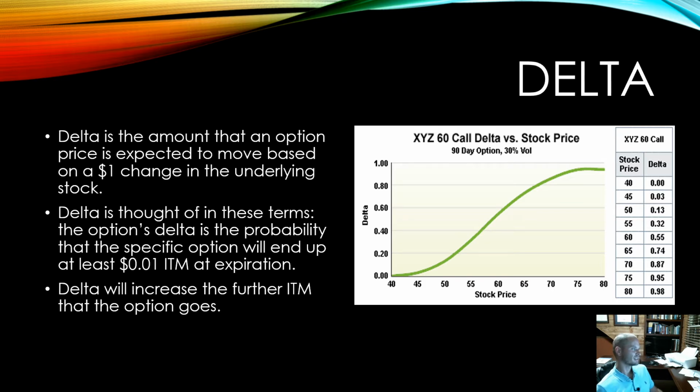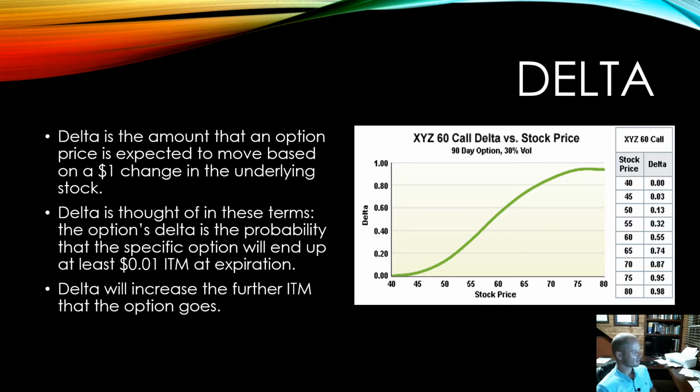That means that if we bought this call whenever the stock was trading at $40, if the stock goes to $41, then our option's price will increase by 25 cents or $25.